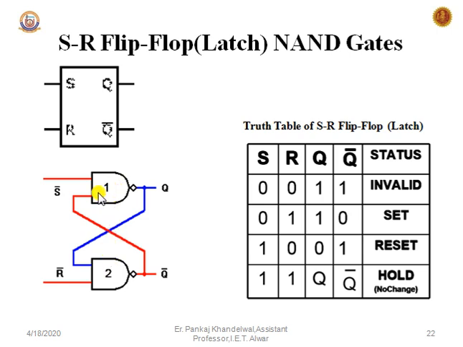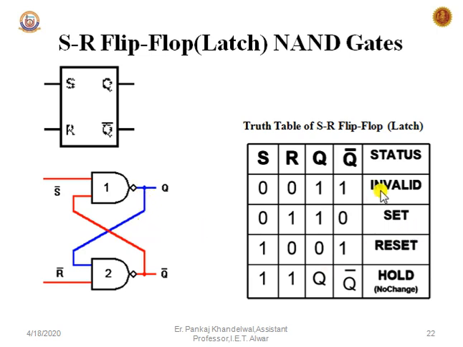The input of gate 1 is a feedback from the output of gate 2, and the input of gate 2 is a feedback from the output of gate 1, Q.